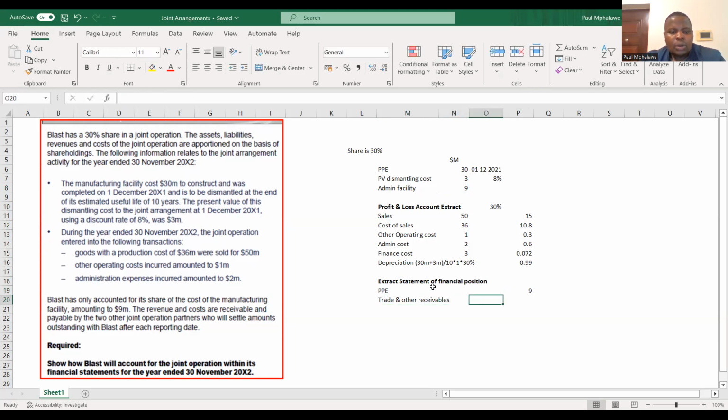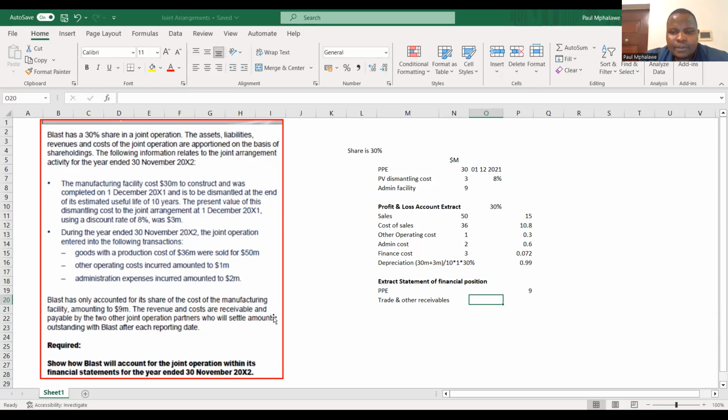Remember, we are told in the question that the revenue and costs are receivable and payable by the two other joint operation partners who will settle the amounts.